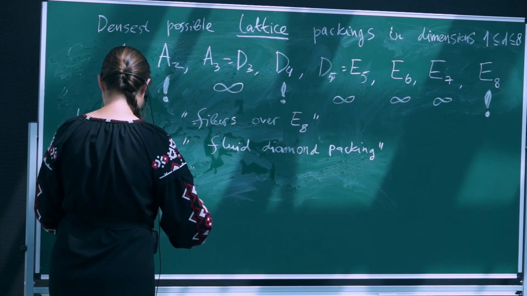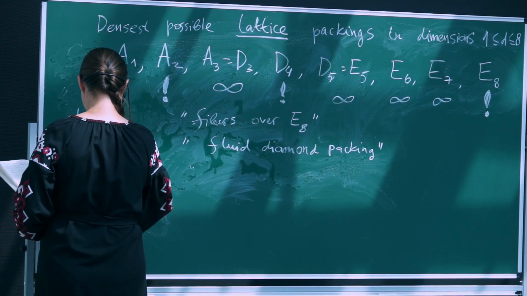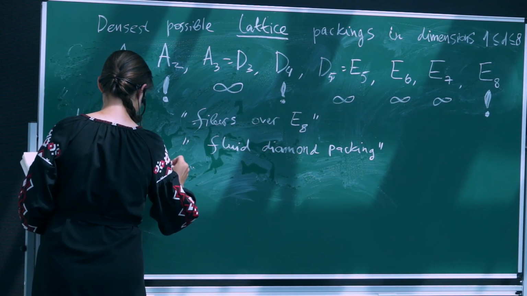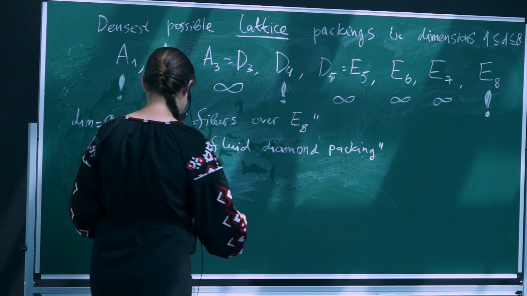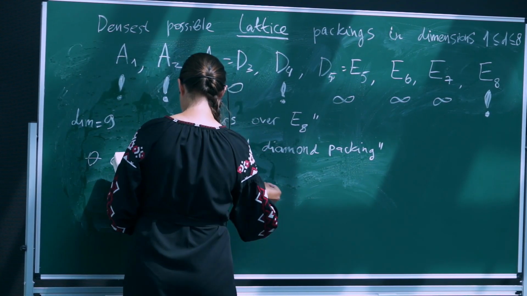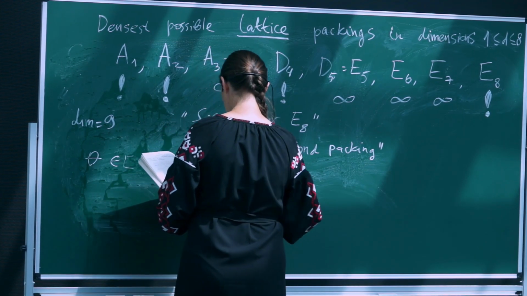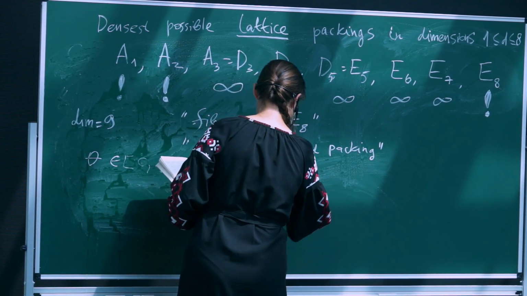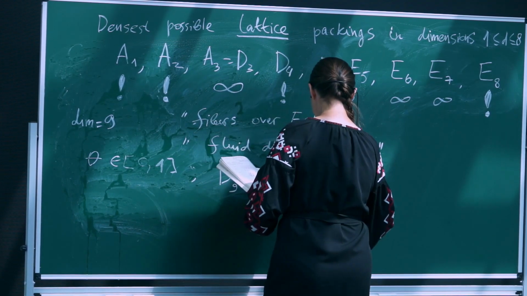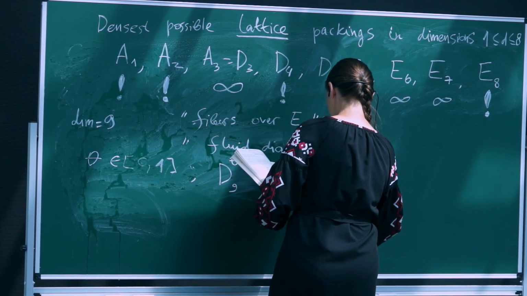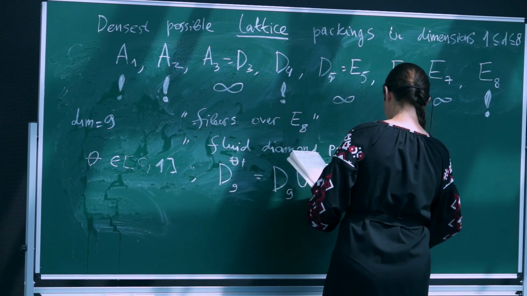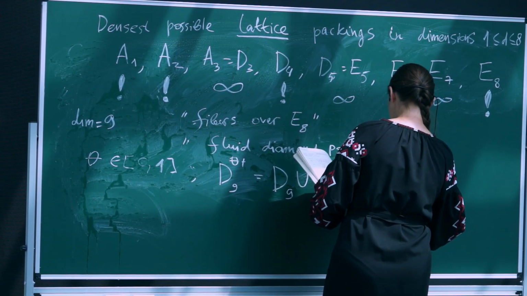And so this configuration works like this. He fixes a parameter, theta, which is a parameter of this family. It's a number between 0 and 1. And he considers the following. So D9 theta plus is the following set. It's the lattice D9 together with another copy of D9, and it is shifted by this vector, which depends on theta.